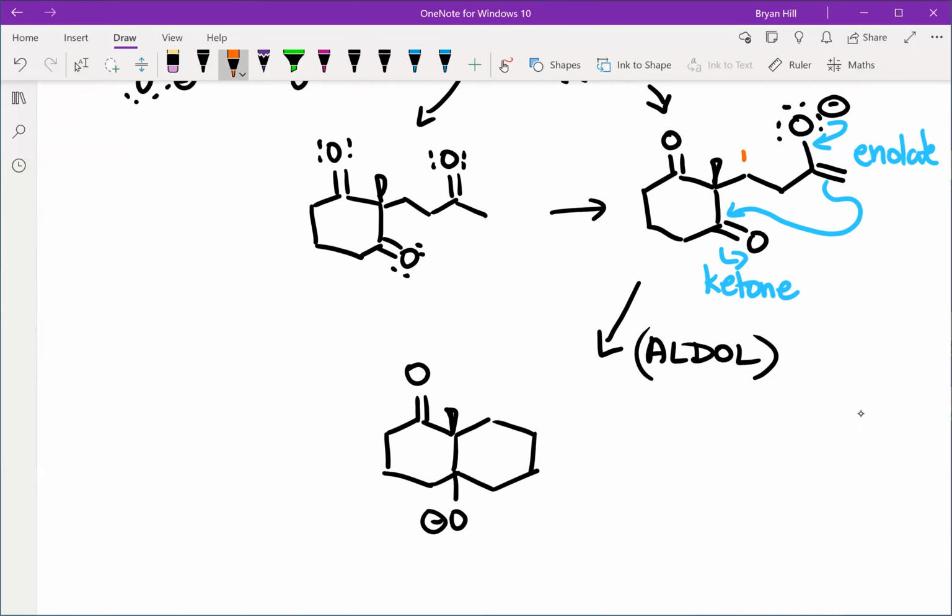1, 2, 3, 4, 5, 6. 1, 2, 3, 4, 5, 6. So on carbon 4, we've got our ketone.